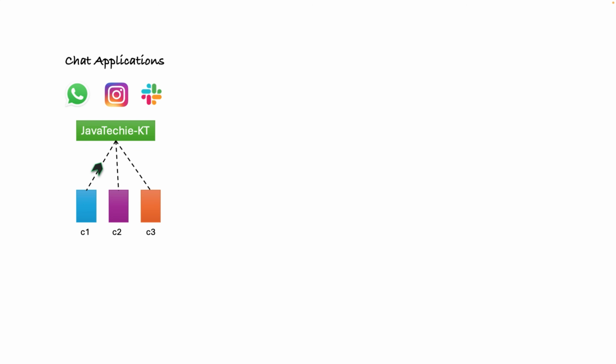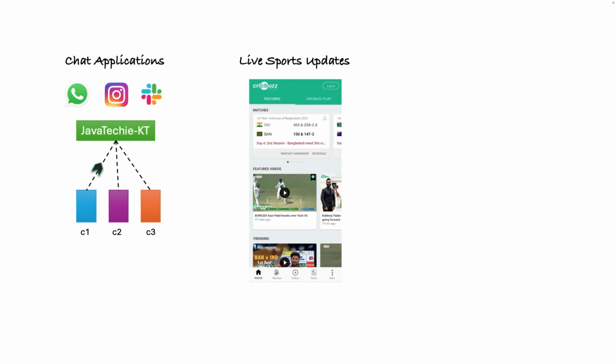This is one of the best examples of real-time notification implementation. Next, you can consider another good use case, that is live sports updates. Now think there is a World Cup going on and I just want to quickly check the score. Then I can use an application like Cricbuzz or Cricinfo, and there are many more third-party applications which give you the live feeds about the sports.